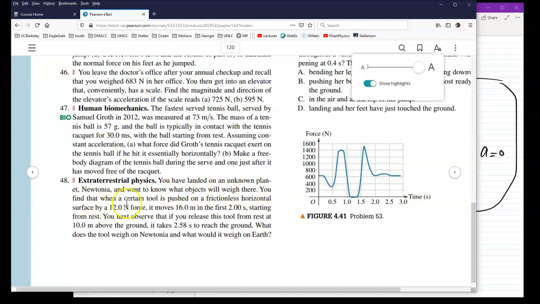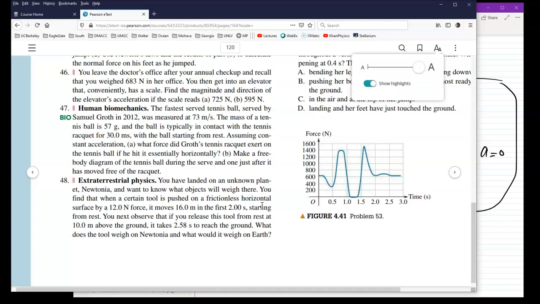You find that when a certain tool is pushed on a frictionless horizontal surface by a 12 Newton force, it moves 16 meters in the first 2 seconds, starting from rest. So you're on a planet. You don't know the value of G on that planet. That's really what he's trying to tell you.